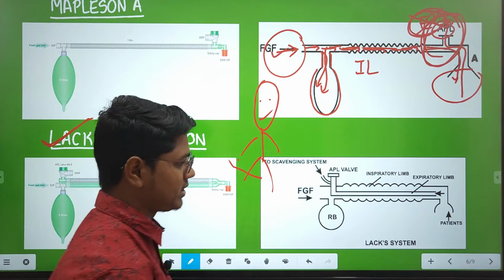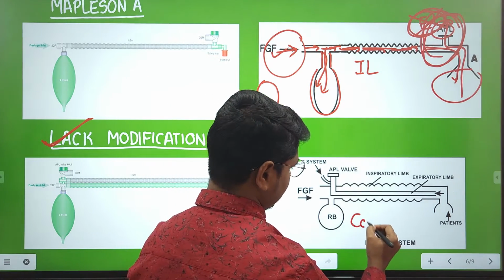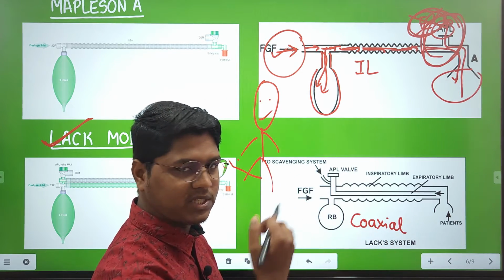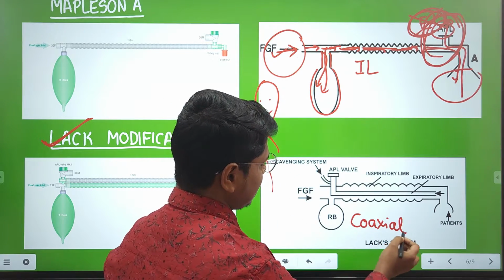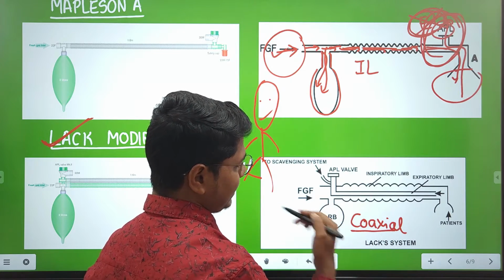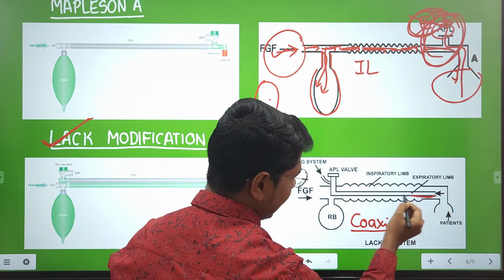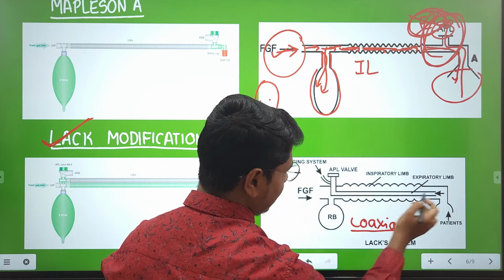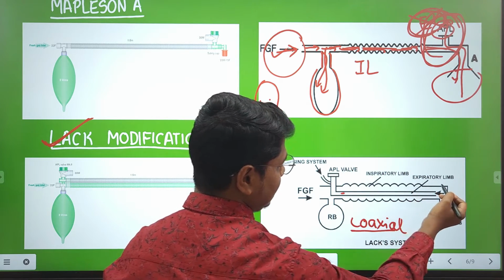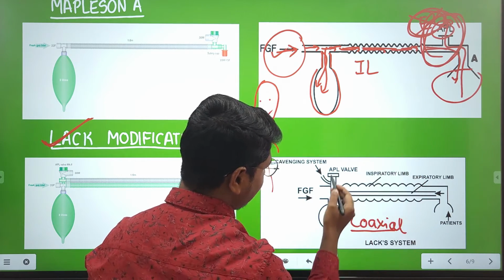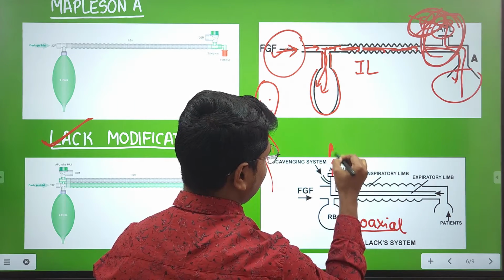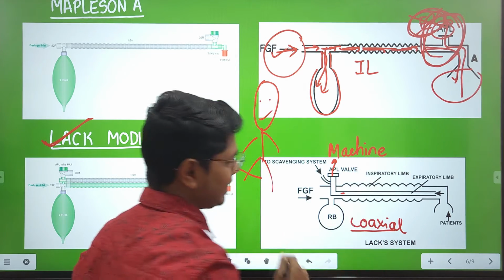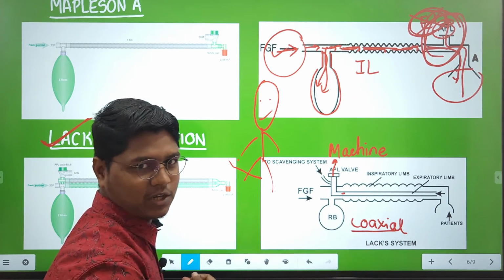So he suggested a coaxial configuration. Coaxial means tube within a tube. So he suggested a coaxial modification. What he did, he provided an expiratory limb, or you can say he provided a passage so that this APL valve can be placed at the machine end, so that the anesthesiologist doesn't have to get up and go to the patient end for the control.